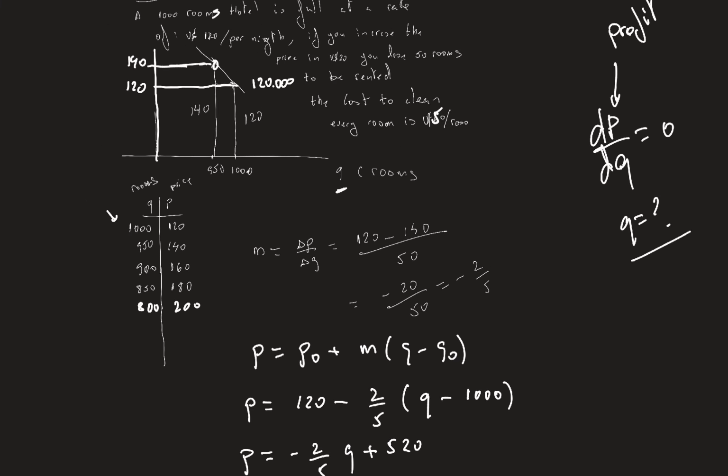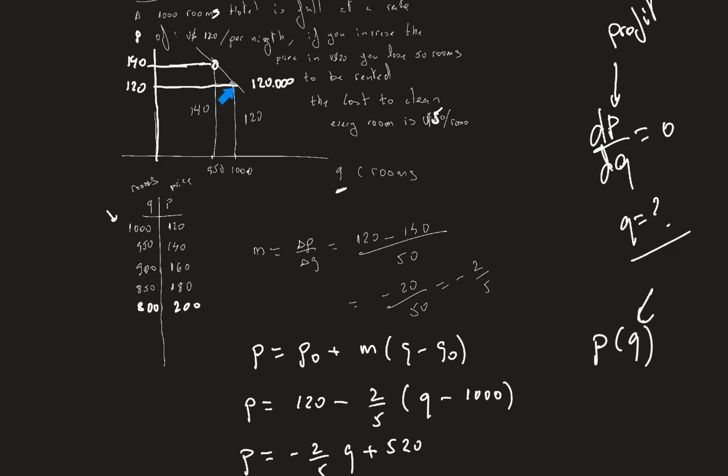The second thing that I'm going to do is to find the curve P of Q: what is the price as a function of the quantity Q of occupied rooms. The line is P equals P0 plus M multiplied by (Q minus Q0).